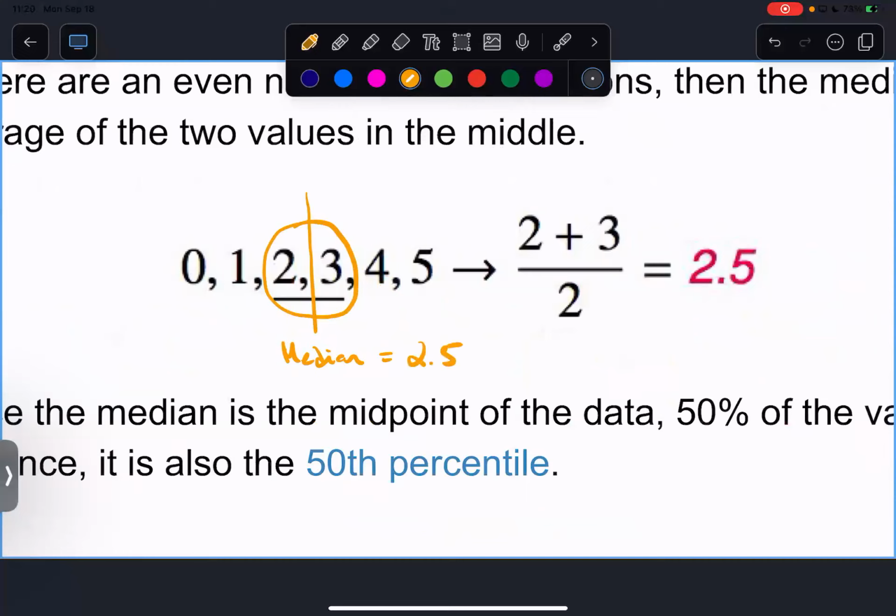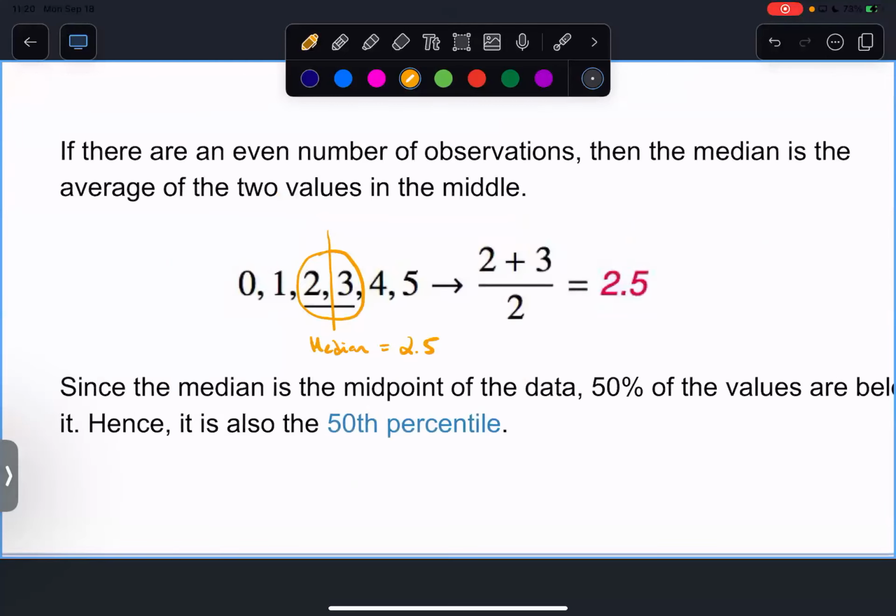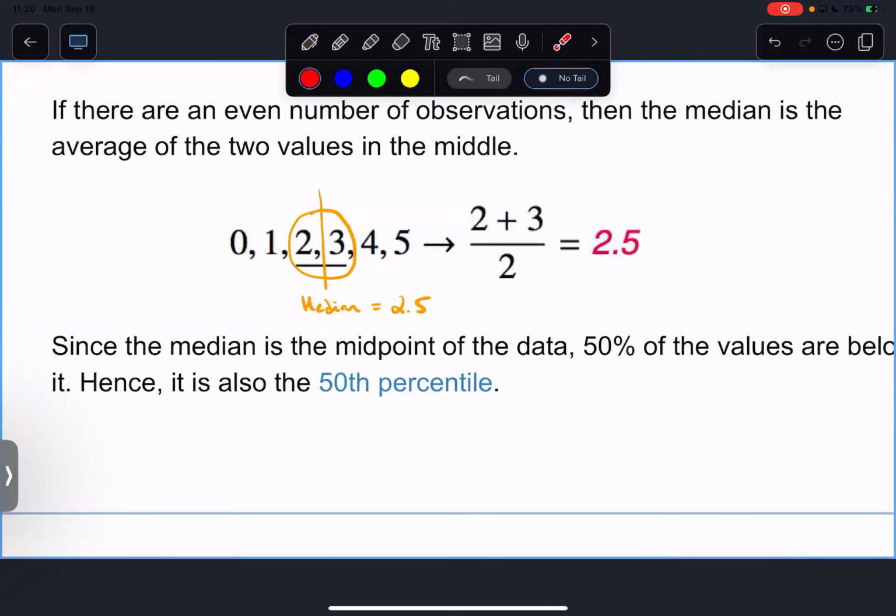Wait, I thought the median was the central value. It is, but if you land on 2 central values, then you take the average. Now, I guess the main thing to recognize here, and this is just for future calculations, because we're going to do it for what we call the quartiles as well, where we split it into quarters, not just halves, it's going to be important to remember that if you use the average as the median, neither of these values are the median, right?